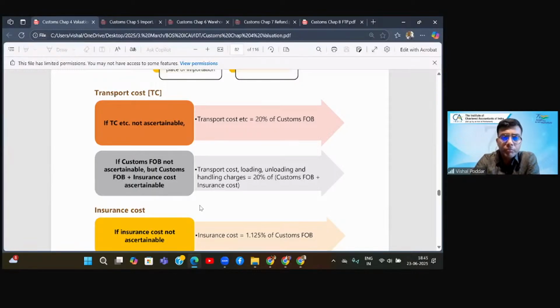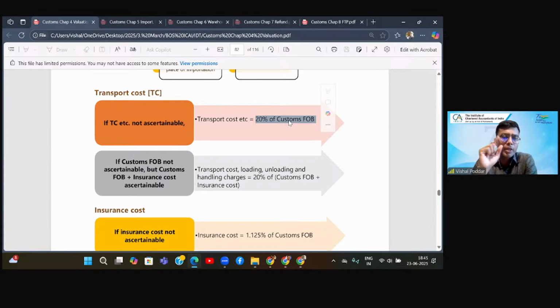Okay, great. Now we were discussing what if freight cost is not given. In that case, you will take the freight cost on a deeming basis, which is 20% of the FOB value. Now importantly, where the freight cost of air transport is given, I repeat, air transport, even if its freight cost is given, in that case also you have to apply this 20%.